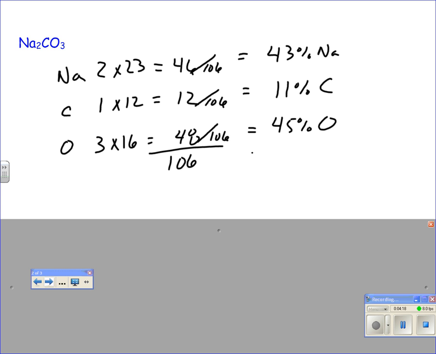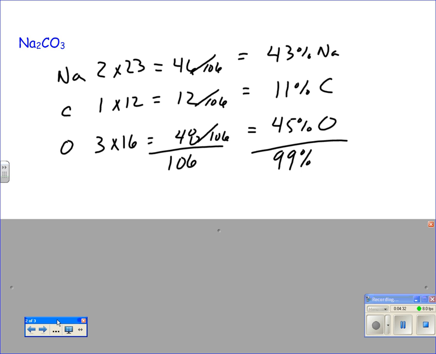If we add those up, they actually come out to be, what, 99%. Now, it should add up to 100%. The reason it doesn't is because we did some rounding in there. It wasn't exactly 43%. It wasn't exactly 11 or 45%.